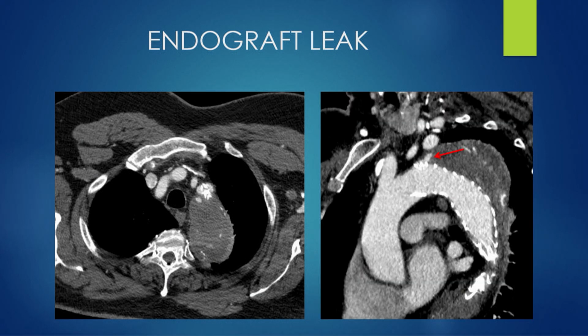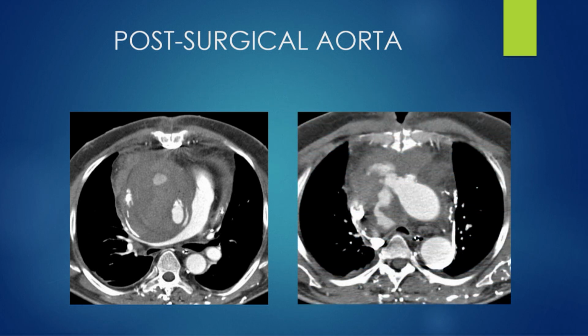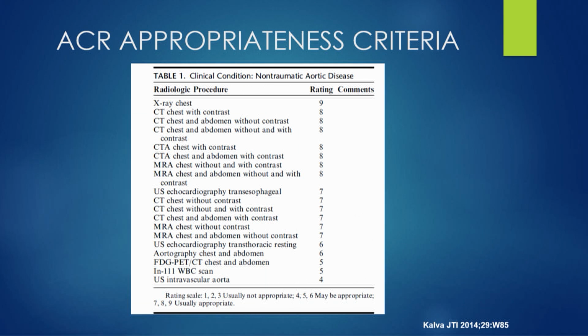Here's what would be a type 1 type of leak. And this is just a post-surgical aorta, and you can again appreciate this patient had an aortic surgery, and you can see that there's clearly extravasation here and a big hematoma around the ascending aorta. So that would be an example of a post-surgical aortic leak.